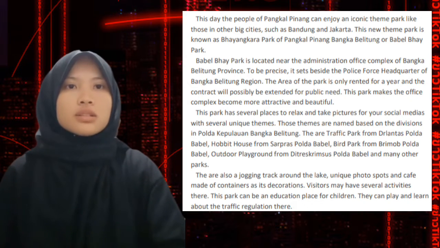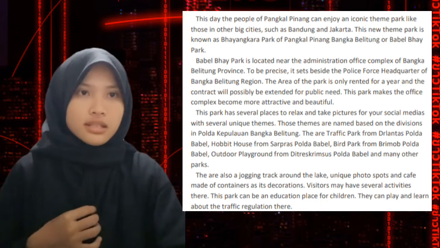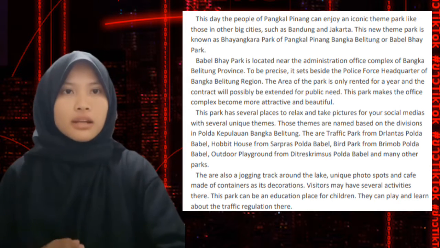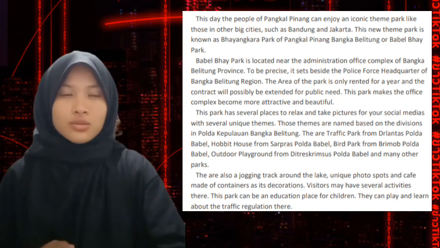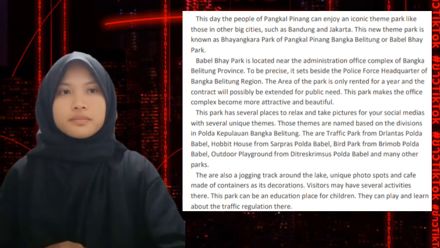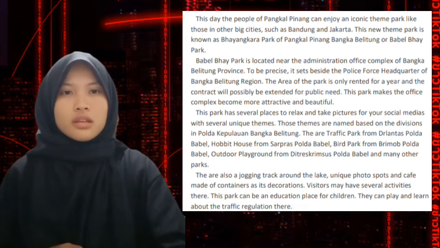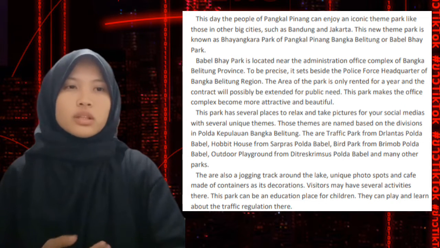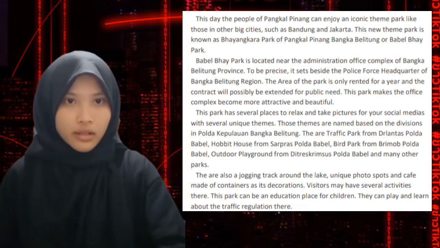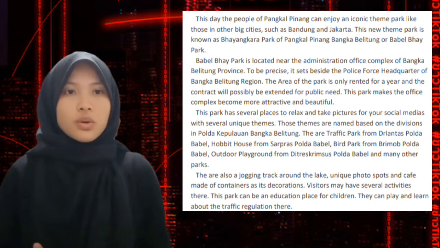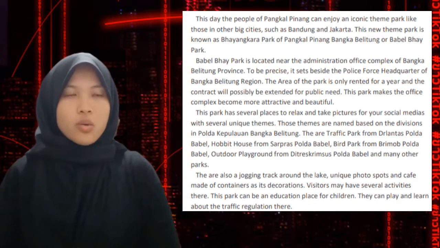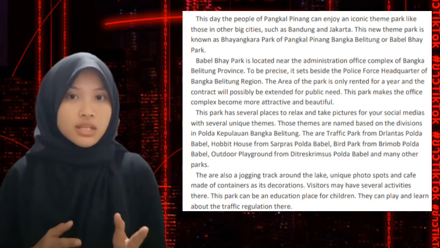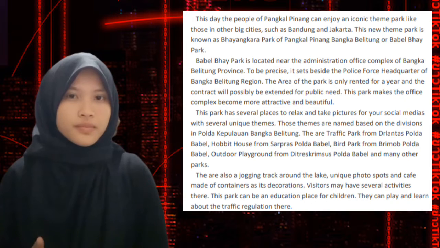But let's continue reading the next sentence. This new theme park is known as Bayangkara Park of Pangkal Pinang, Bangka Belitung, or Babel Bay Park. As we can see here, it describes that the text will discuss the new theme park, Babel Bay. So, according to this sentence, we can conclude that the main idea of the text is B, Babel Bay Park.